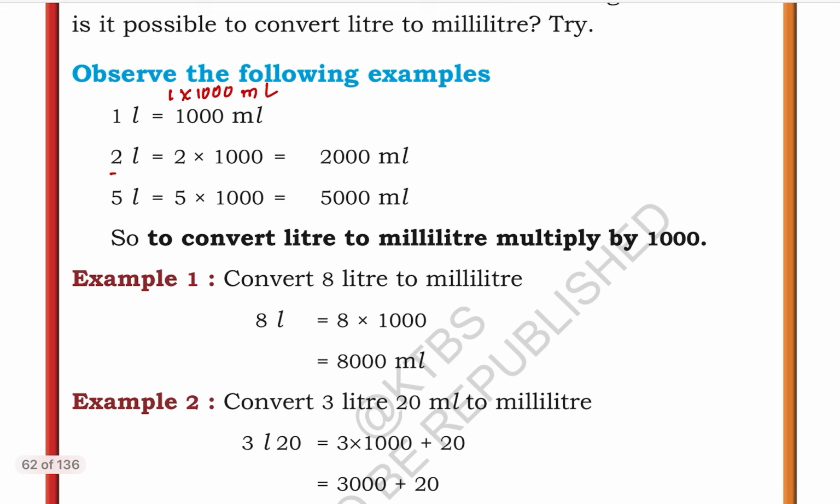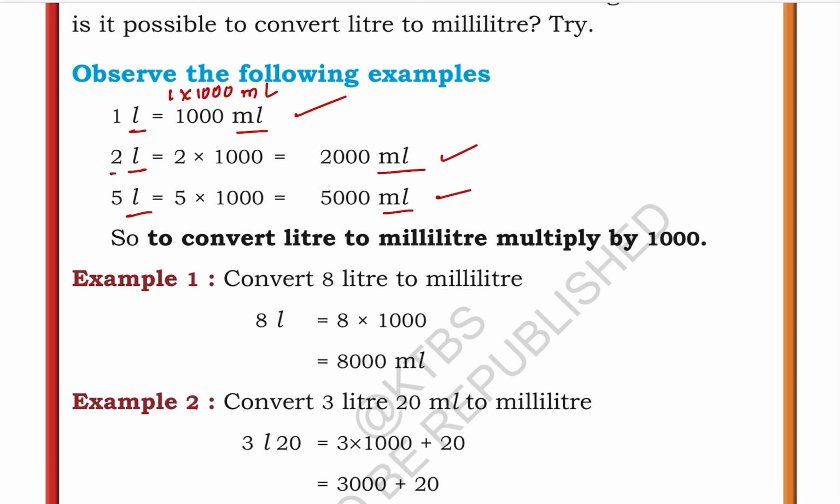Now 1 liter is equal to 1000 milliliter, and how much is 2 liter? 2 into 1000, just multiply by 1000, because the relationship between liter and milliliter is multiplying by 1000 to convert from bigger to smaller unit. You can see here it is getting converted. Left hand side you are seeing liters, and the right hand side milliliters. 5 liter is equal to 5 into 1000 milliliters.